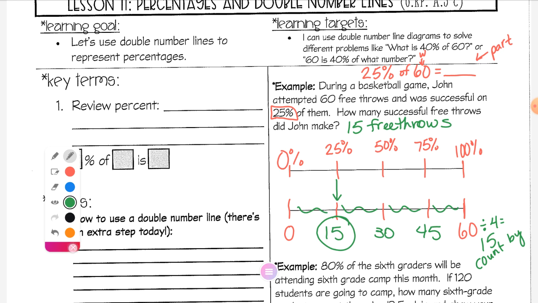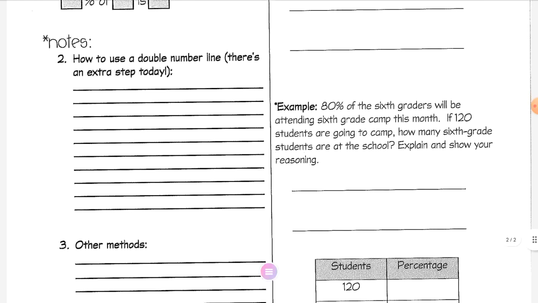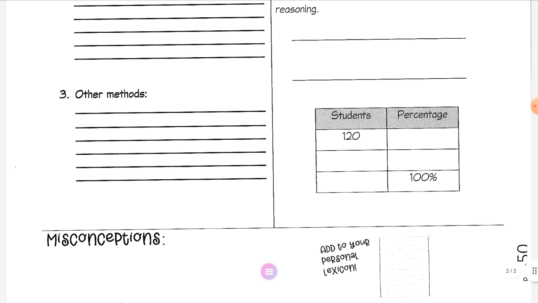Now I'm going to go down here where it says other methods. We're going to work that same problem 2 other ways. We're going to write the problem 25% of 60 is blank.